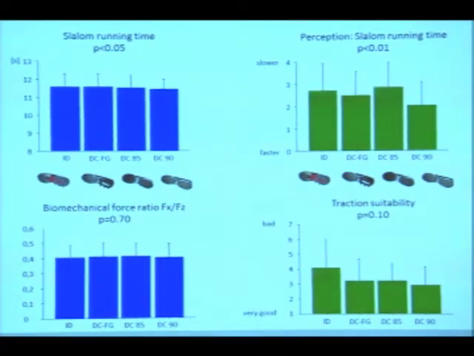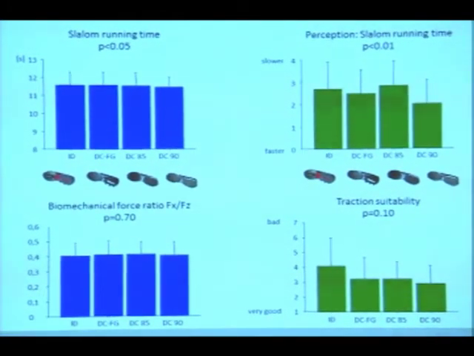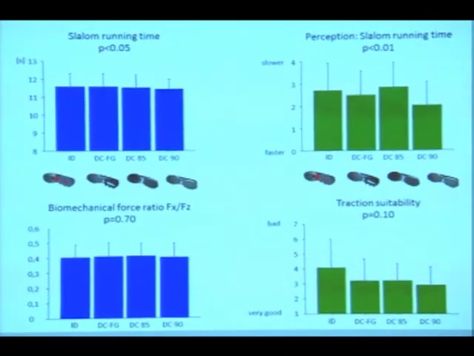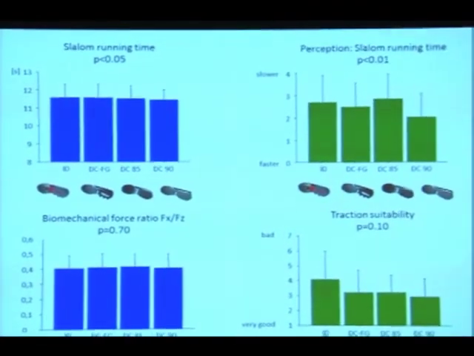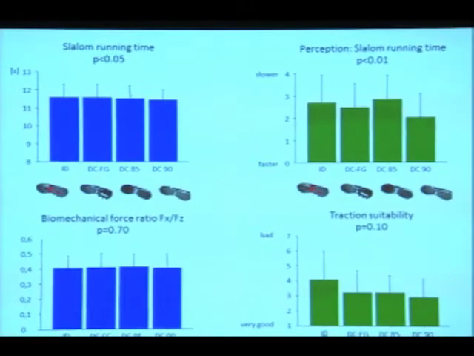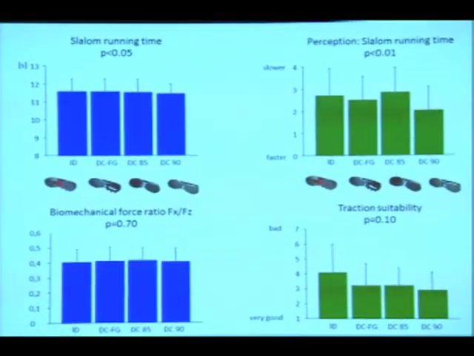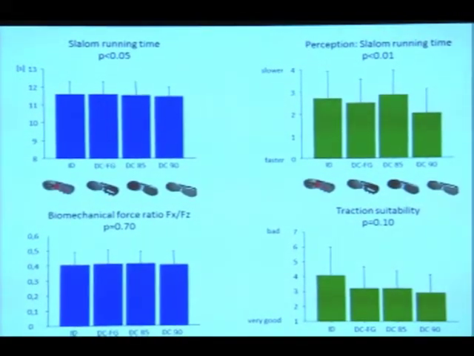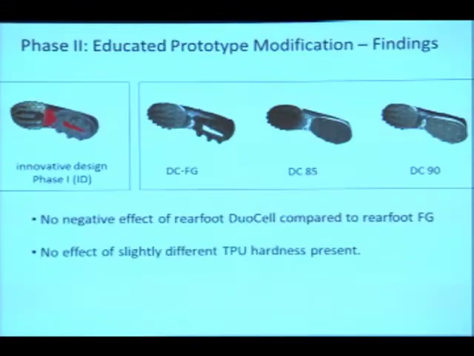Traction suitability again pointed in the direction, even though not significant. And what is interesting, in terms of biomechanical force ratios, we do not have any differences anymore, which might be overshadowed by the movement variability. So, very slight differences, nevertheless.